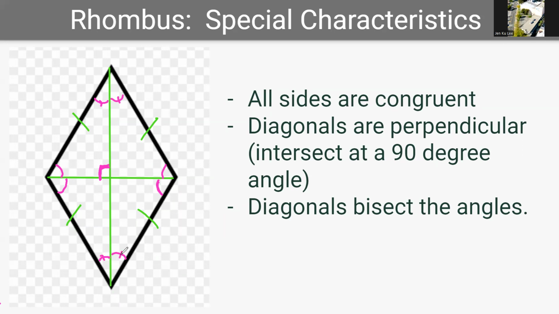So for example, let's say you have a problem and you're given that this is 35 degrees, right? And that's all I give you. And I want all the angles.